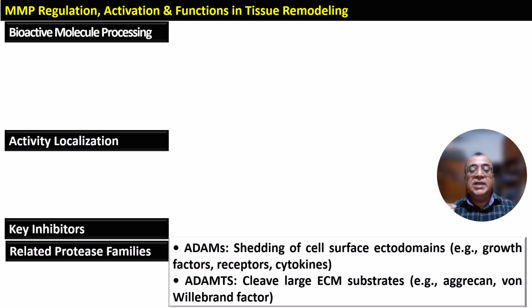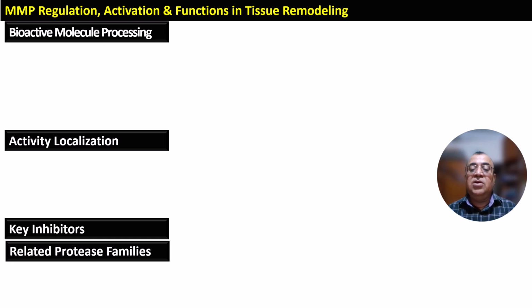The related protease families that are involved in this activity are ADAMs and ADAMTS. The ADAM is responsible for shedding of cell surface ectodomain, growth factor receptor, cytokines, and the ADAMTS cleave large extracellular matrix substrates such as aggrecan, von Willebrand factor.